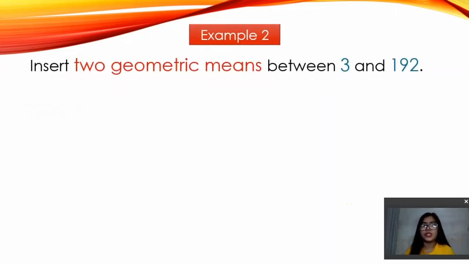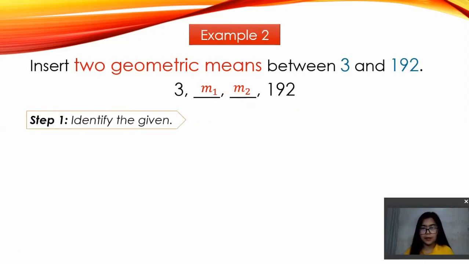Okay. So, since we are looking for two geometric means, there should be two spaces between 3 and 192. We represent these two geometric means by m sub 1 and then m sub 2. So, let's have our first step. Identify the given.